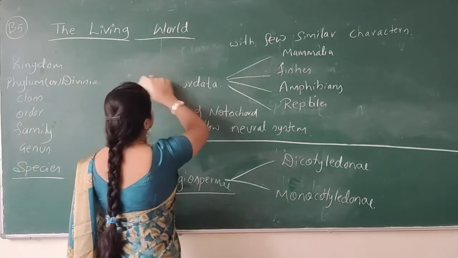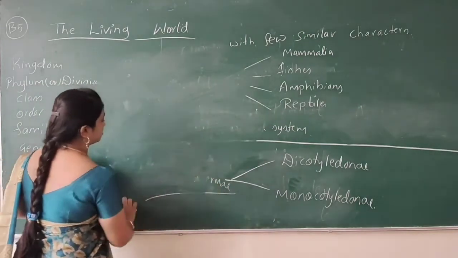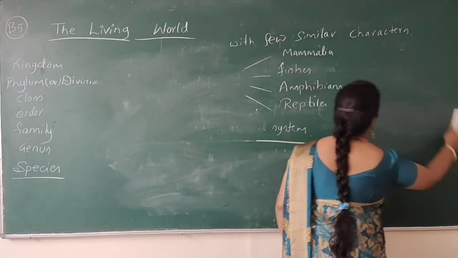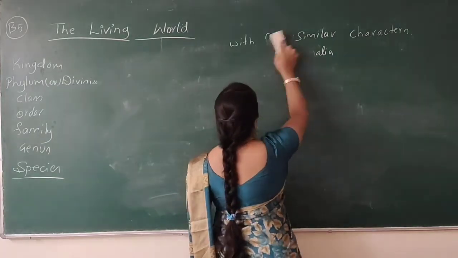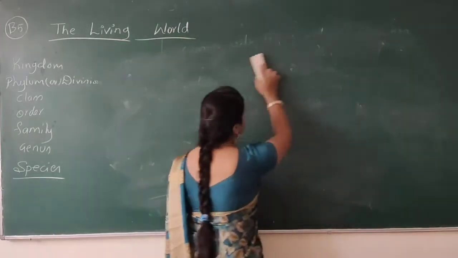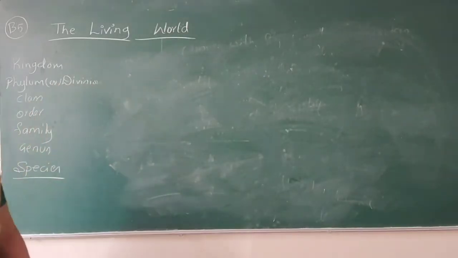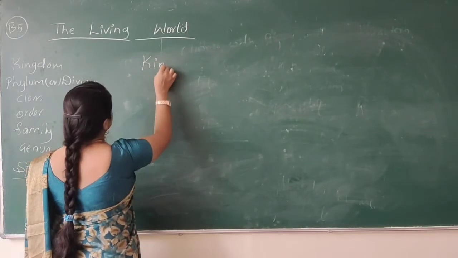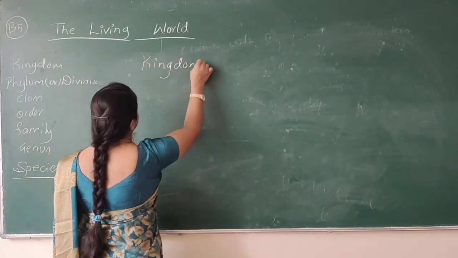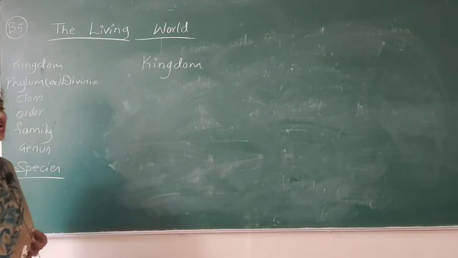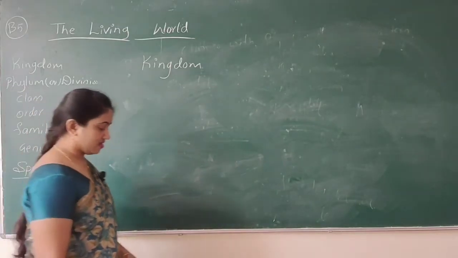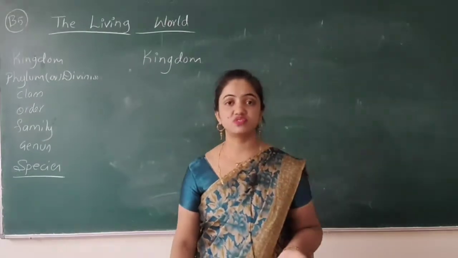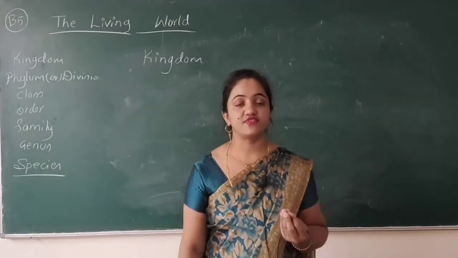After the phylum, we will move on to the next unit of classification, the very higher category that consists of a number of species, that is kingdom. We have 5 kingdoms. In class 11 itself, in chapter number 2, we are going to study those 5 kingdoms.